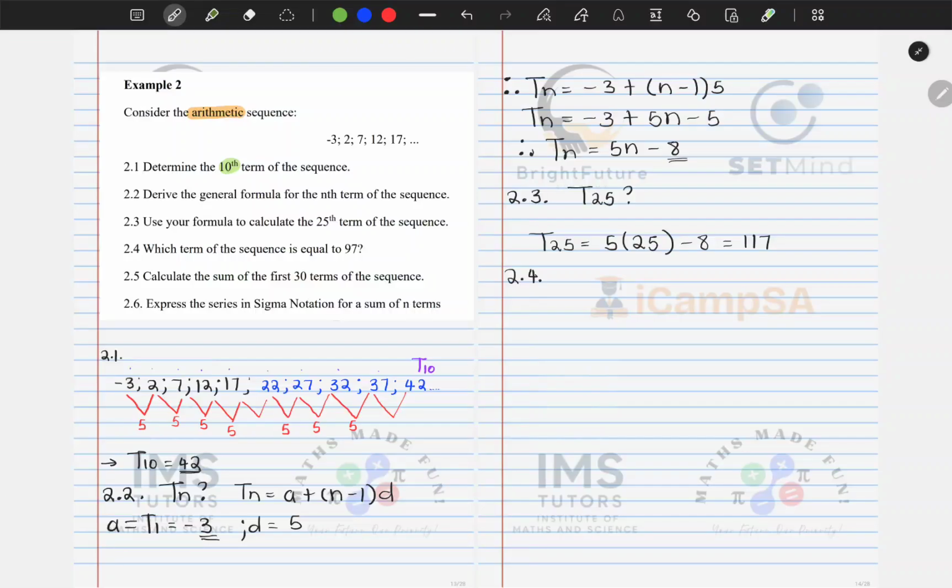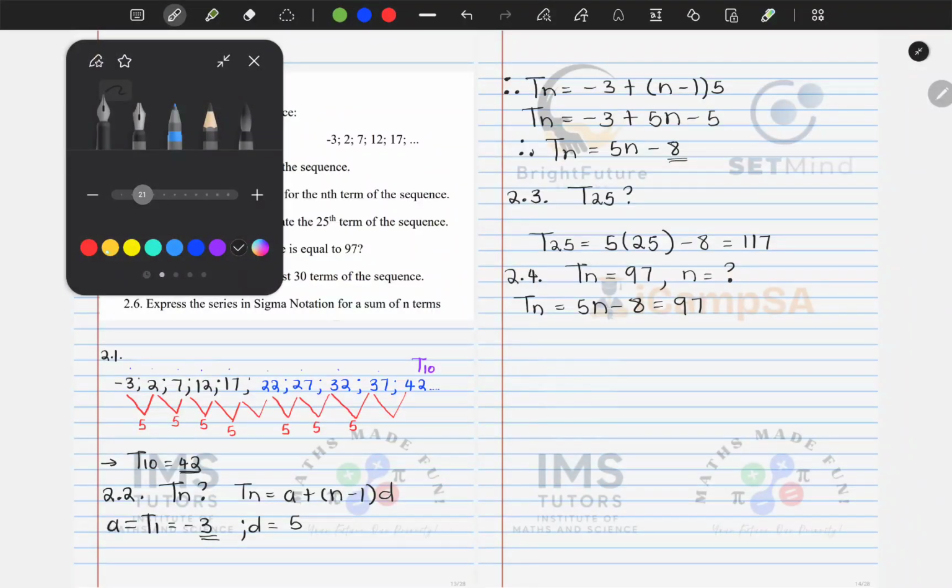So 2.4 is asking us which term is equal to 97. So essentially we are given Tn equals 97, and we are asked what is the n value which will give us 97. So we have our formula already, which is Tn equals 5n minus 8. So it means this 5n minus 8 will be equal to 97.